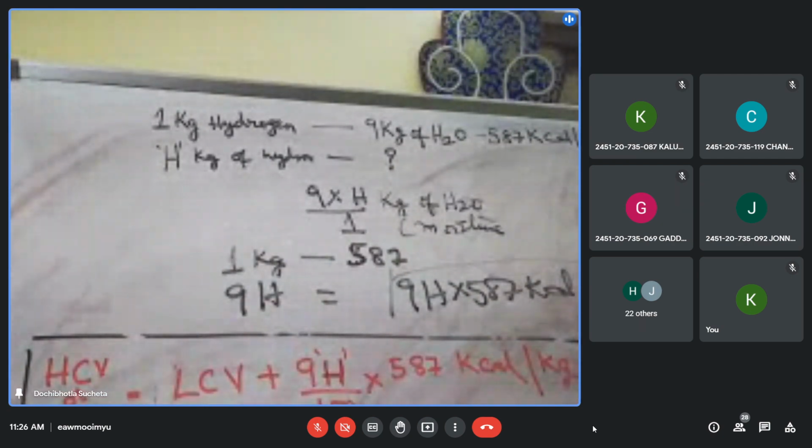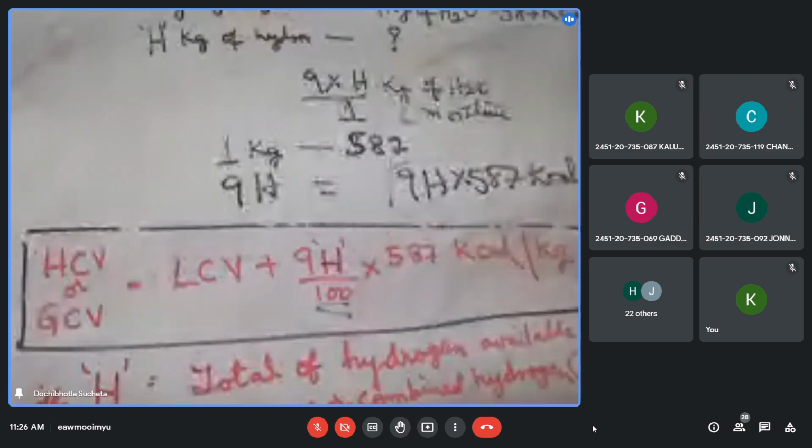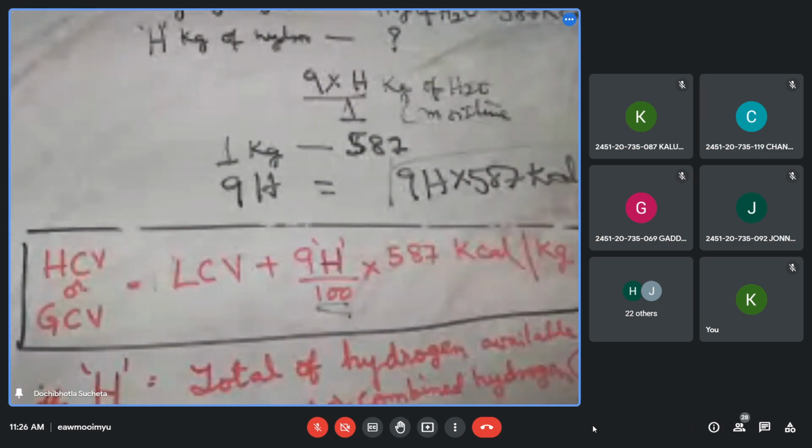Did you understand how I got this formula? HCV or GCV is equal to LCV plus 9H by 100 into 587 kilocals per kg. This is the formula. No doubts, I think, because I hope you all can understand this much better. Shall I start with the numericals?